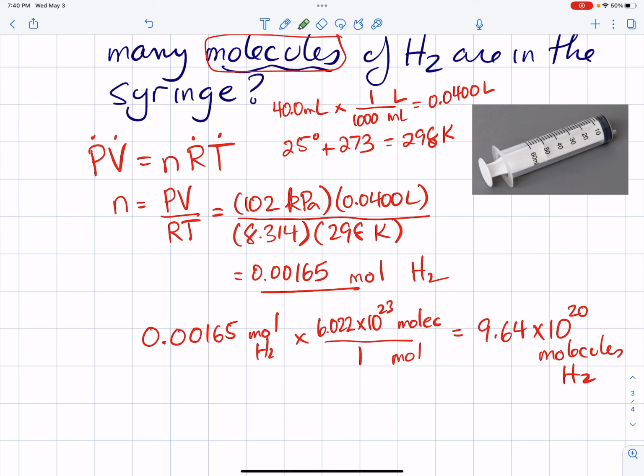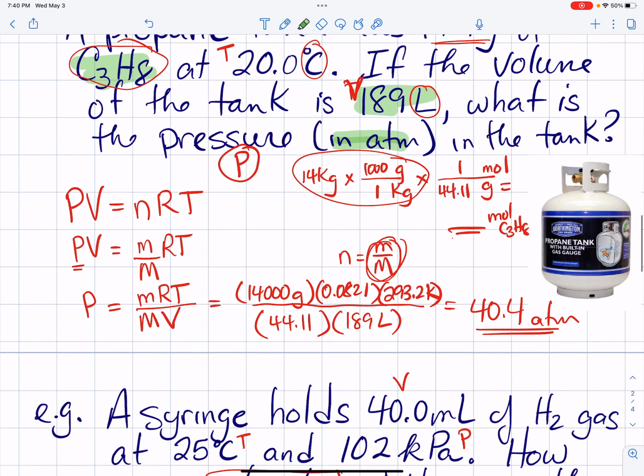All right, so we used the ideal gas law to first find the moles. Why? Because we knew everything else in the equation except for the moles. So we found that. Once we found the moles, we started with it, and with 1 multiplier, we converted to molecules.